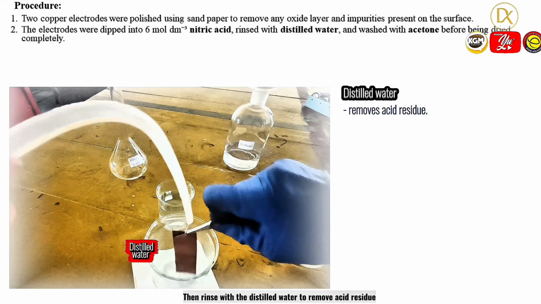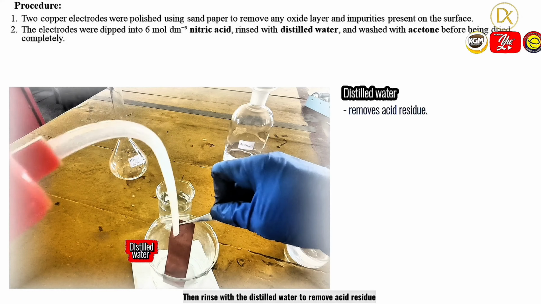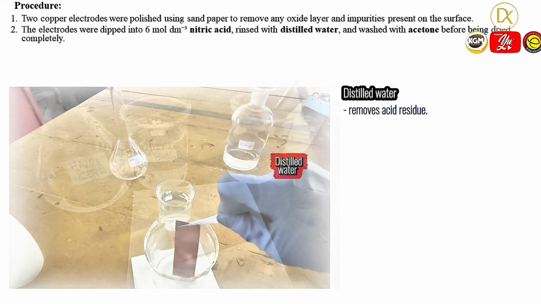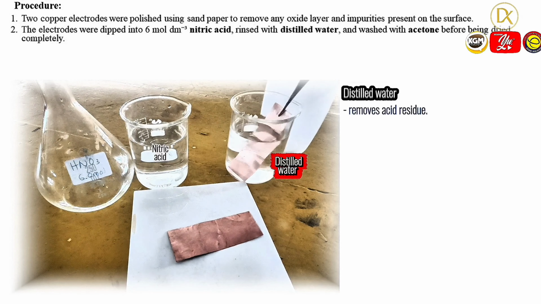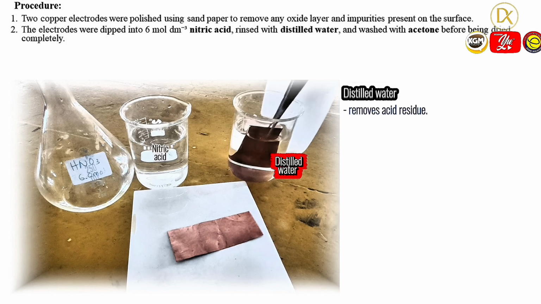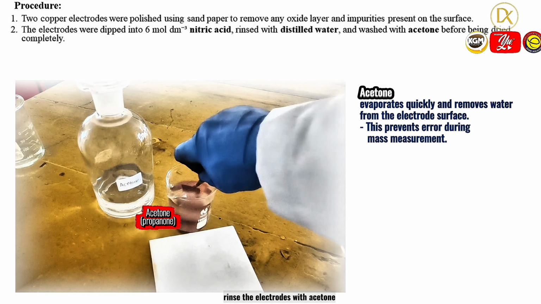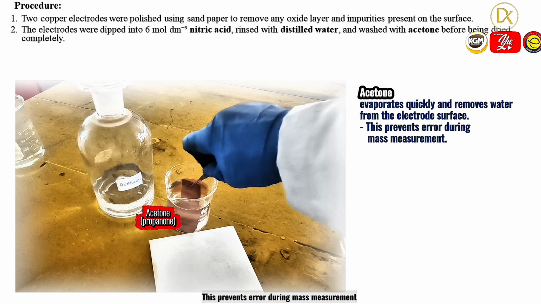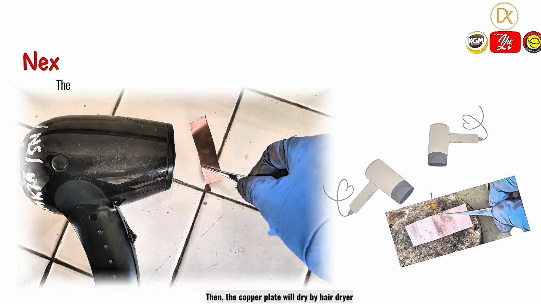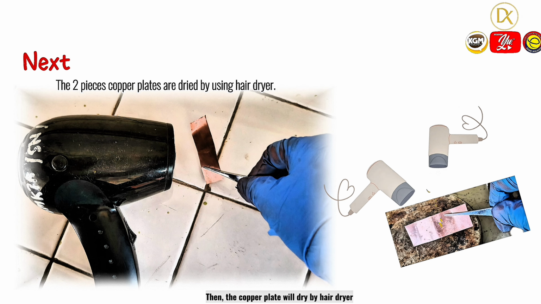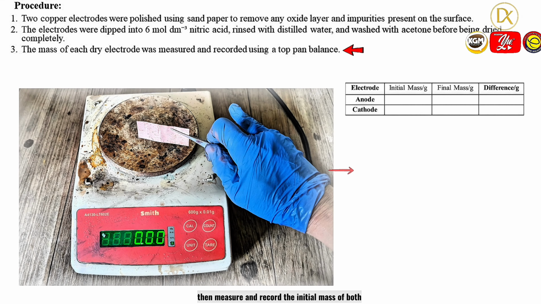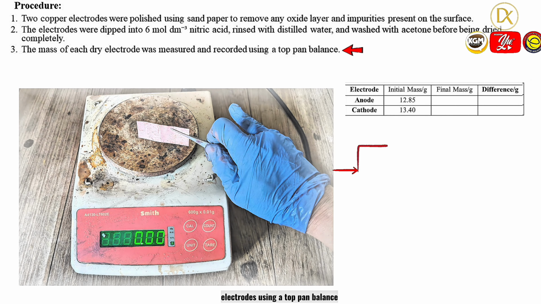Then rinse with distilled water to remove acid residue. Rinse the electrode with acetone. This prevents error during mass measurement. Then the copper plate is dried by a hair dryer. Then measure and record the initial mass of both electrodes using a top pan balance.